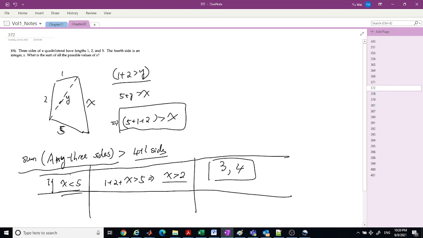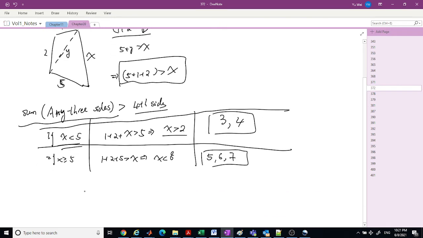The next is if x is greater than or equal to 5, then we need 1 plus 2 plus 5 to be greater than x. So x should be less than 8. So x can be 5, 6, 7. Then the possible x is 3 plus 4 plus 5 plus 6 plus 7.